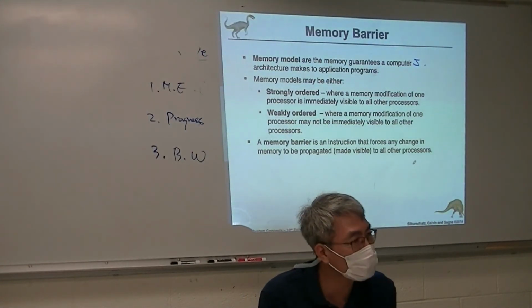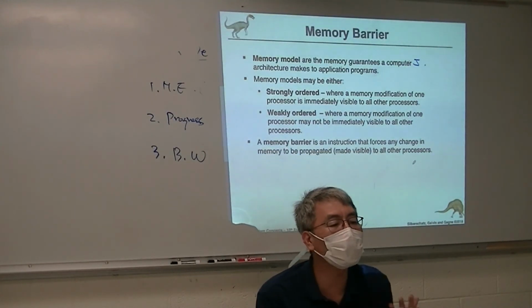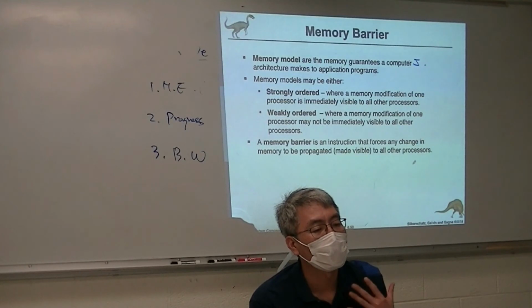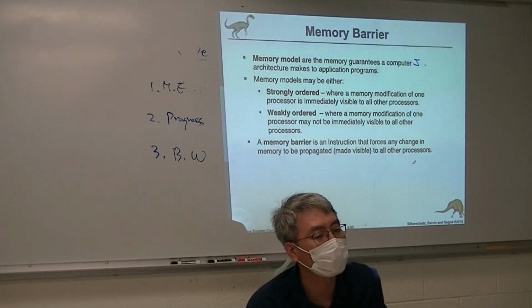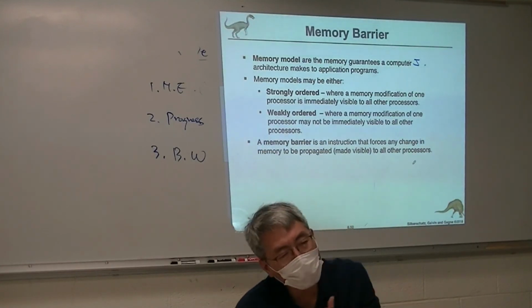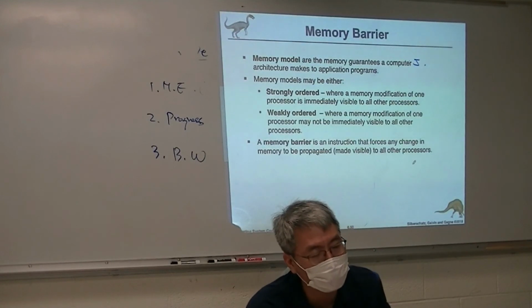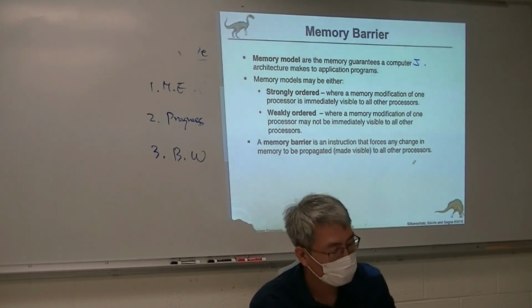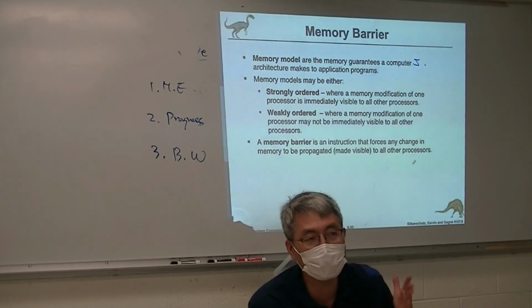The entire system will hang. It stops. So with weakly ordered, we try to make the order, but we try our best. Like the real-time system. In the hard real-time system, it is guaranteed.